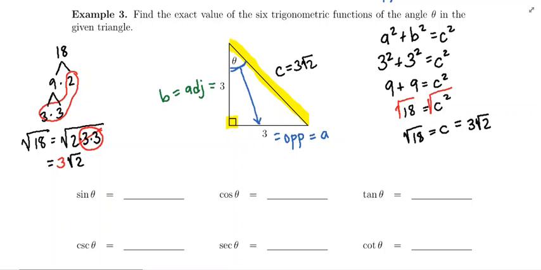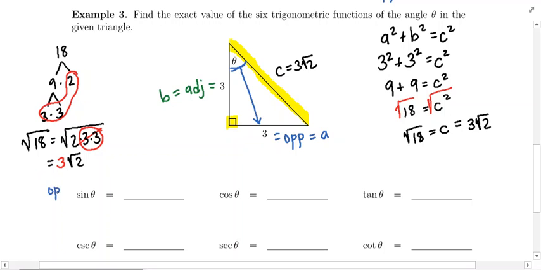Start with sine. Sine is opposite over hypotenuse. Go to your triangle. The opposite side is going to be 3, and then we divide that by the length of the hypotenuse, which is 3 square root of 2.